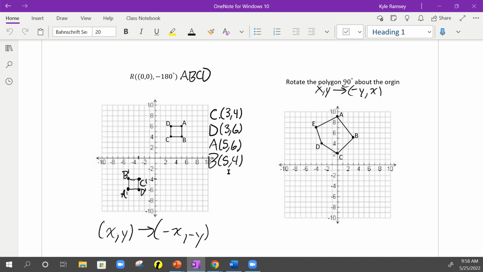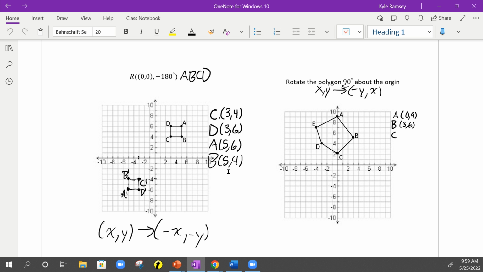So we'll still have to rotate A, so we can always write down on the side where our points are. A is at 0, 9. B is at 3, 6.